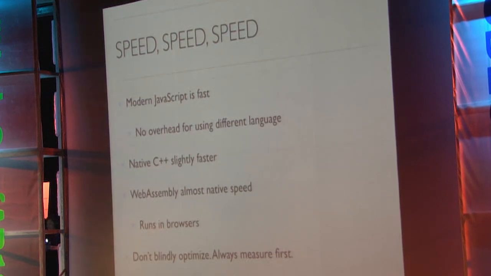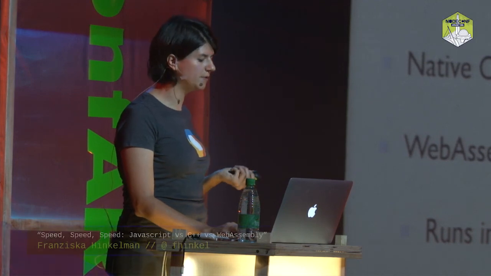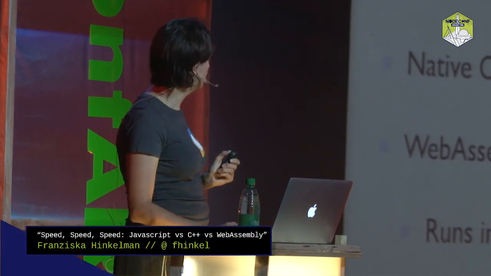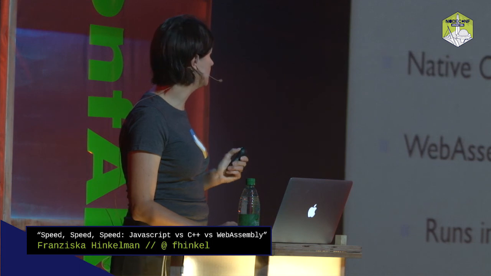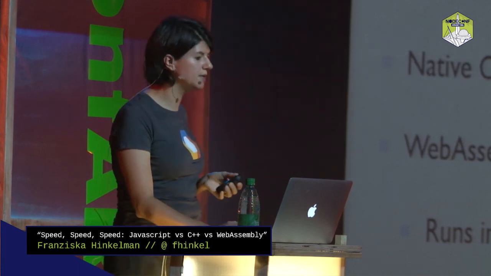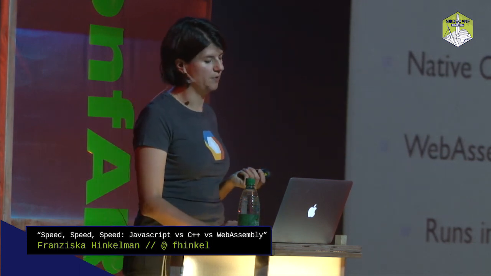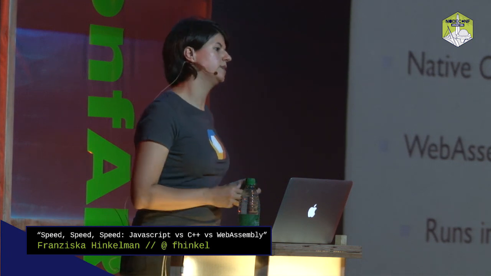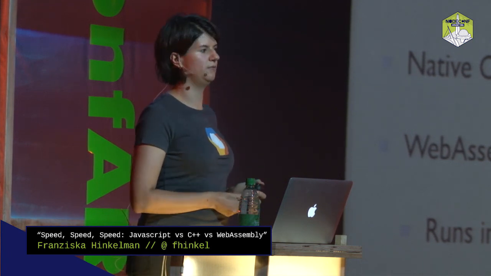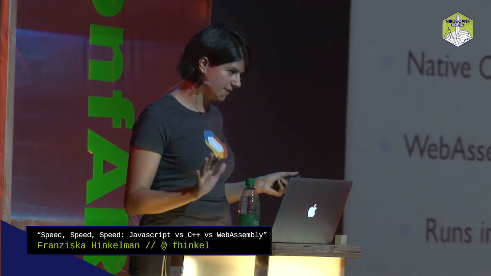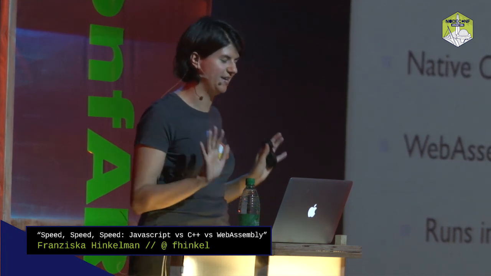So that's a big plus. Native C++ add-ons are still a tiny bit faster. WebAssembly also gives you almost native C++ speed and has the big benefit of running in the browser. And as always, before you say, oh, let me rewrite everything in C++, it's faster, no, measure first, and then be very careful about your optimizations.